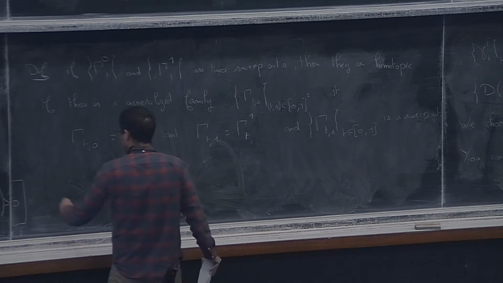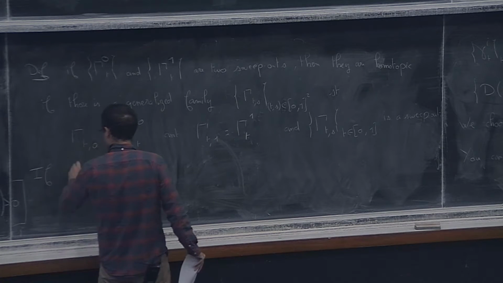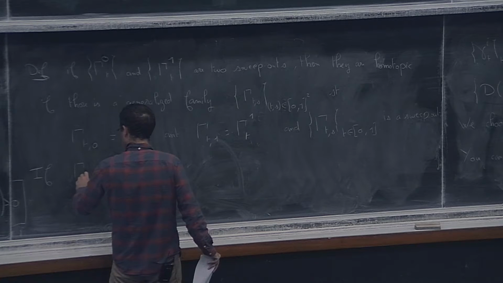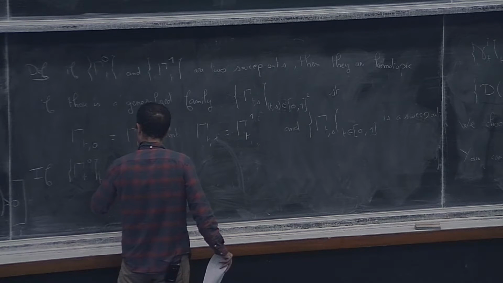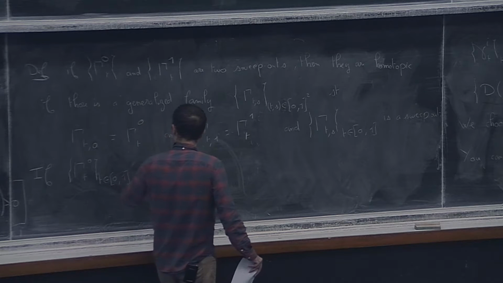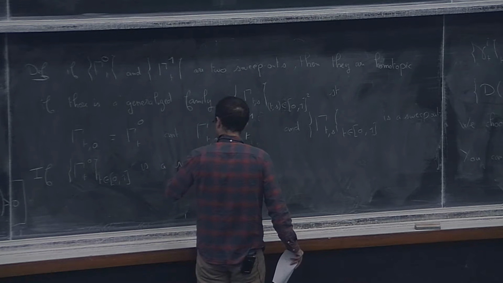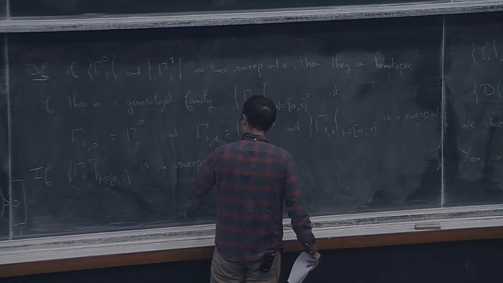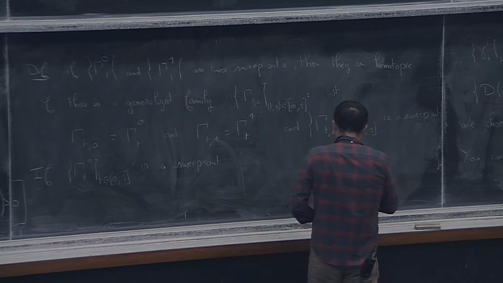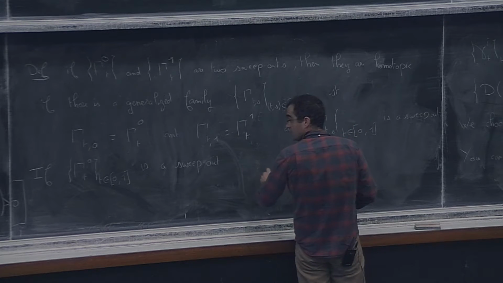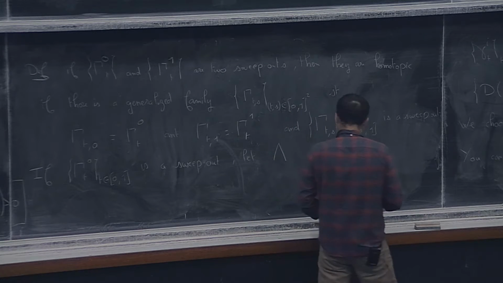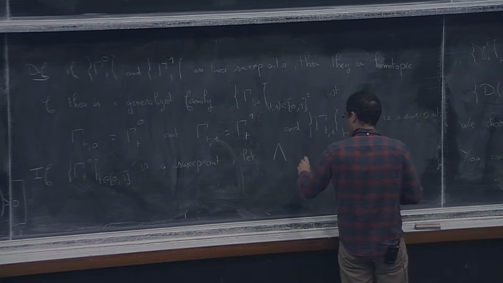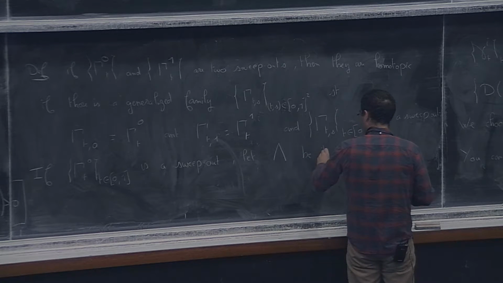Okay, and if gamma t naught is a sweep out, you define let capital lambda be its homotopy class.